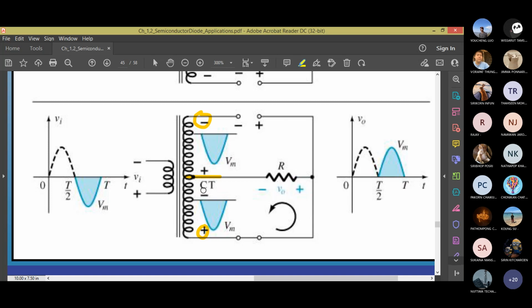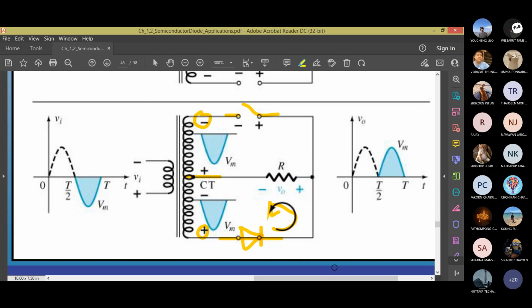So here will be plus, this one will be minus, the opposite of what it already is. Negative, this diode is off, switch open. But this is positive, and this diode was originally like this, which means forward biased. And then from plus to minus, the current will flow counterclockwise. The bottom loop is active, and voltage is showing up across R.